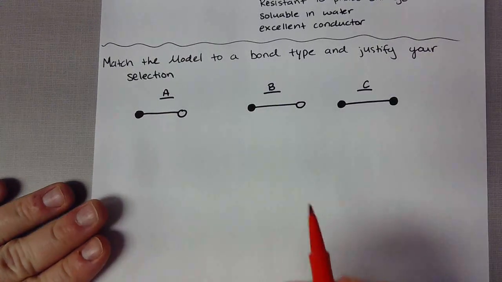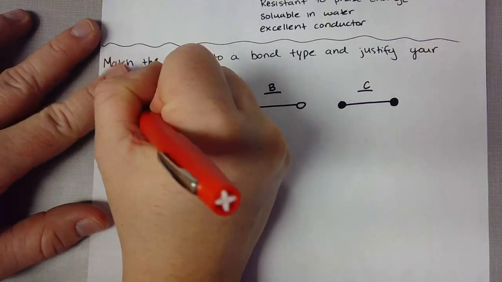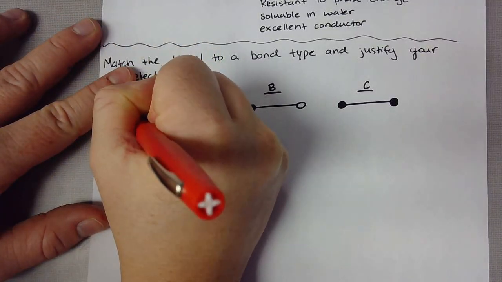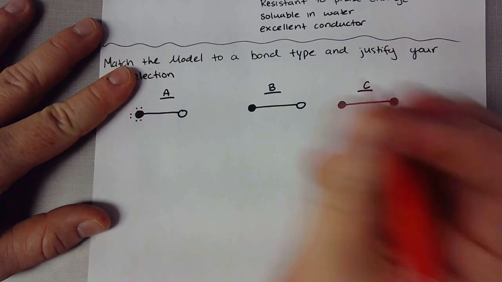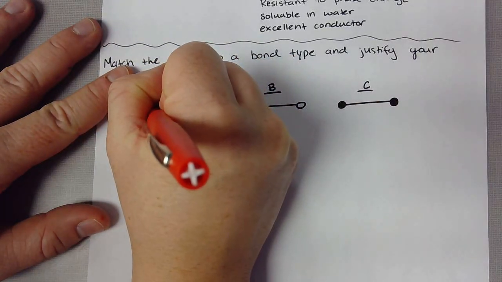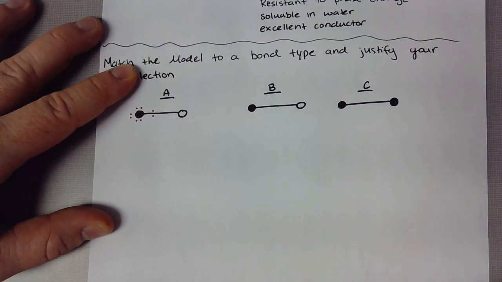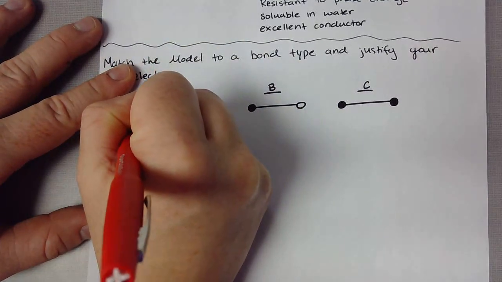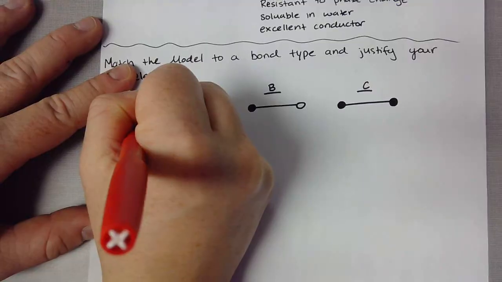For A, I'm going to use the color red to represent electrons. I am going to place 6 electrons close to the left atom or on the left atom, and then I'm going to place 2 more electrons kind of near the left atom. And then I'm going to put a symbol down below it. It's like an open infinity sign or an open figure 8.